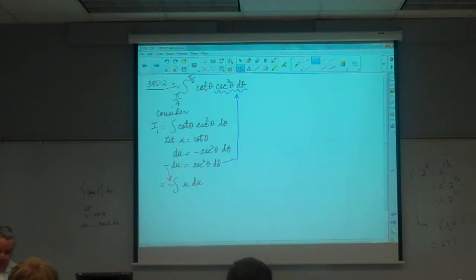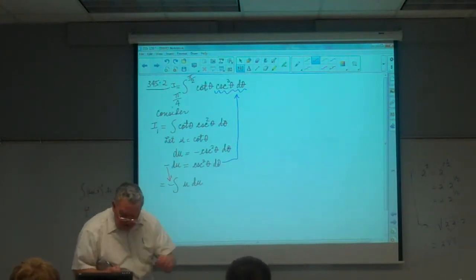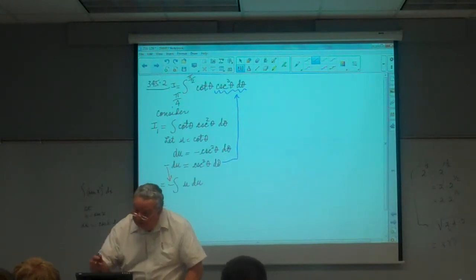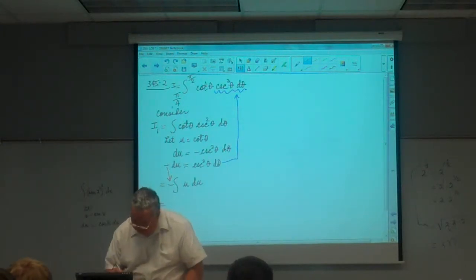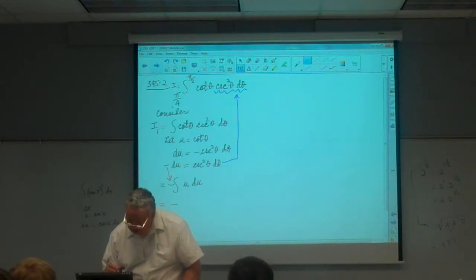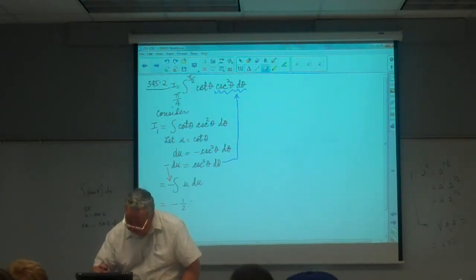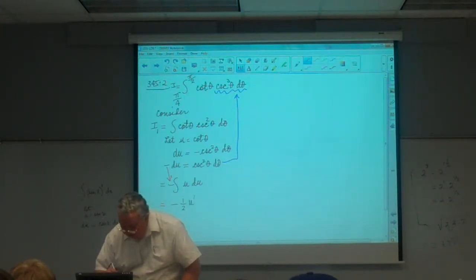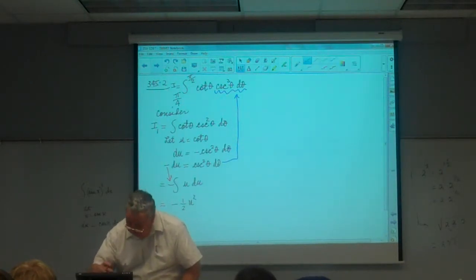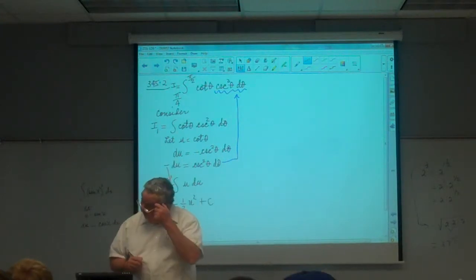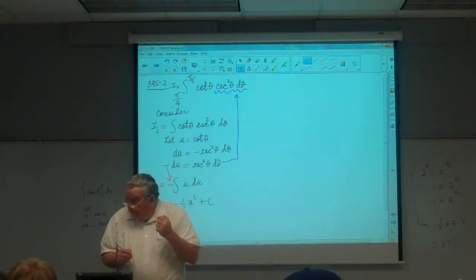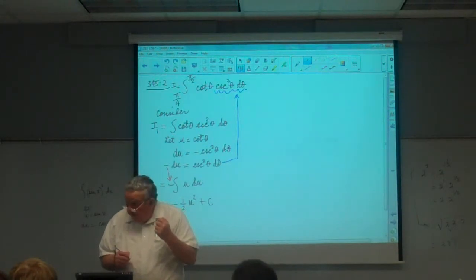Everybody agree? But I think this is equal to minus 1/2 u squared plus c. Do you agree? Don't you add one to the exponent and divide by the new exponent?